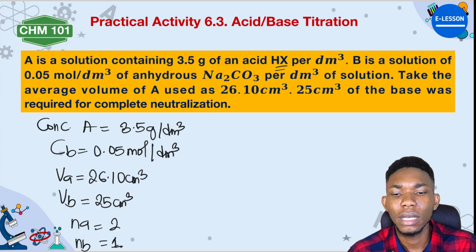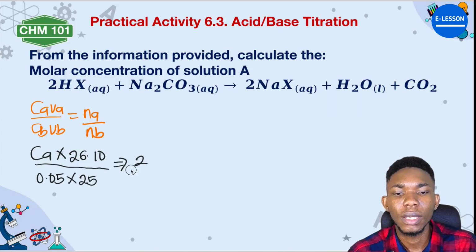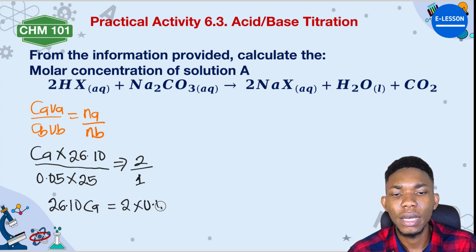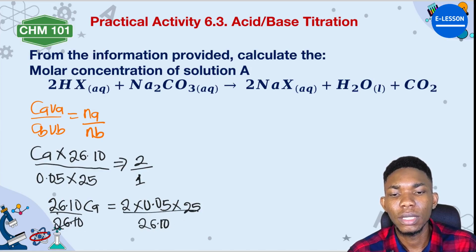Na is 2, Nb is 1. When you cross multiply, this will give us 26.1 Ca is 2 times 0.05 times 25. So divide both sides by 26.10. This cancels this.